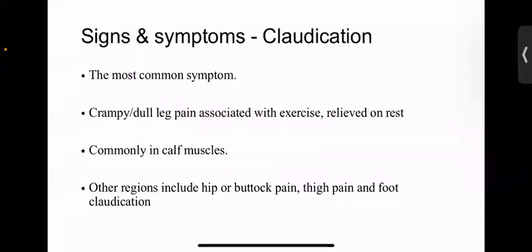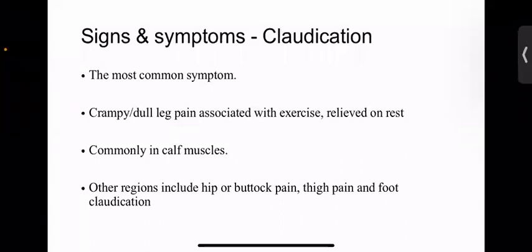For signs and symptoms of claudication, which is the most common presentation for patients with peripheral artery disease when they have symptoms, it's usually a crampy, dull leg pain that is associated with exercise and relieved on rest. Classically, a patient can tell you that they used to walk a certain distance, but now when they walk for a while, they experience pain that causes them to sit.